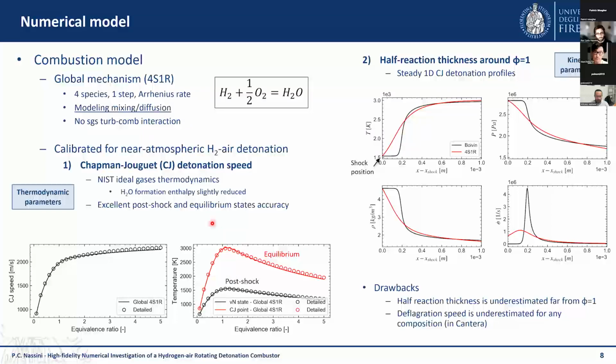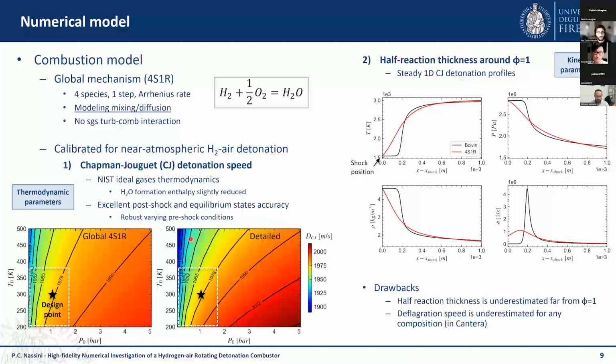We performed basically a slight adjustment of the formation enthalpy of the water to achieve this agreement with a detailed scheme. We also tested what happens if we go outside the design point. So in these maps, you can see the comparison between our scheme and the detailed scheme in terms of different temperature and pressure of the fresh gas.